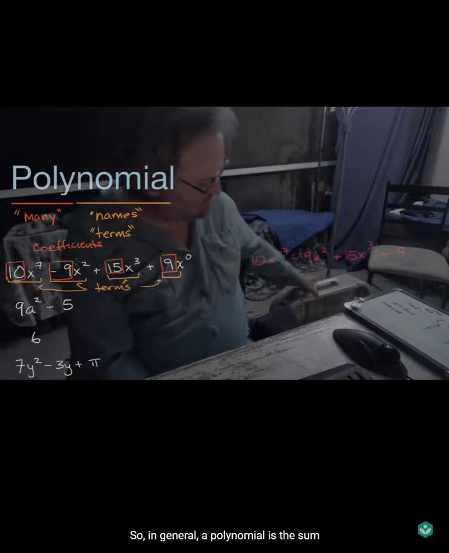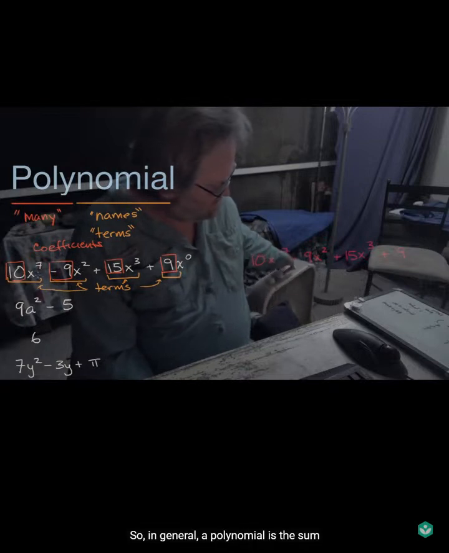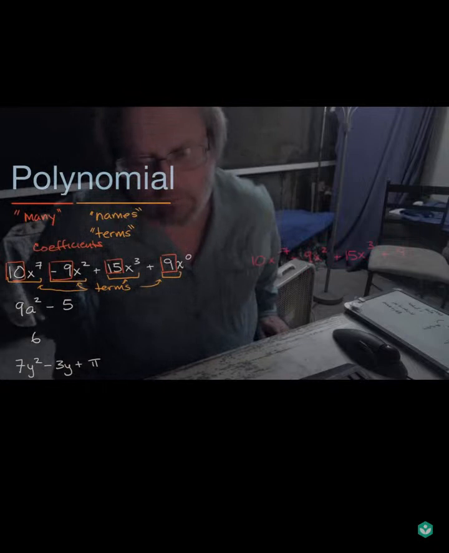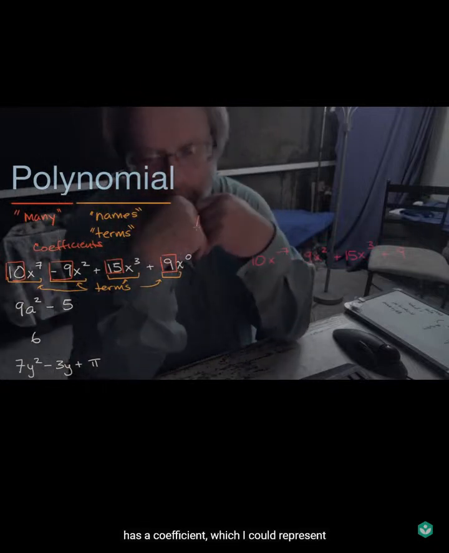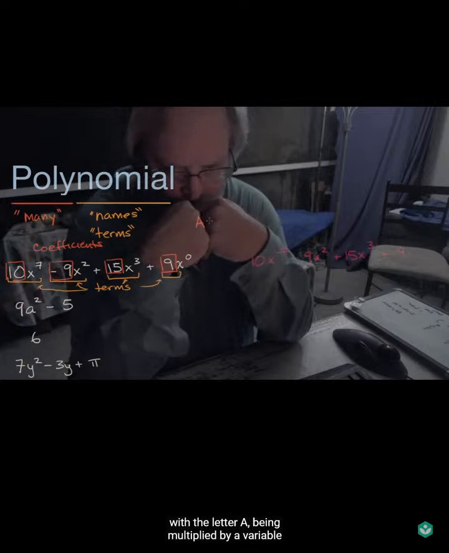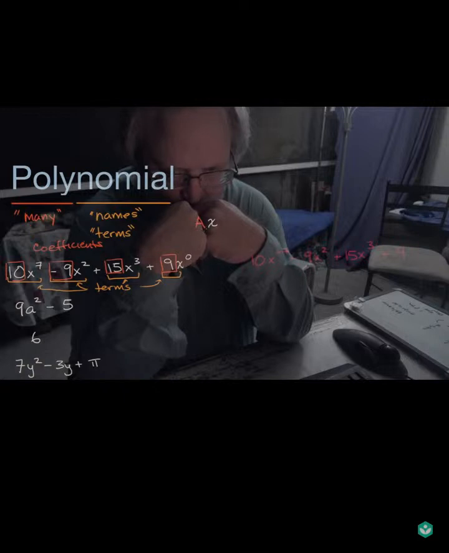So in general, a polynomial is the sum of a finite number of terms, where each term has a coefficient, which I could represent with the letter a, being multiplied by a variable, being raised to a non-negative integer power. So this right over here is a coefficient.